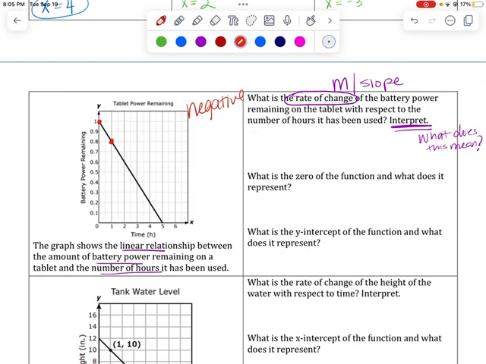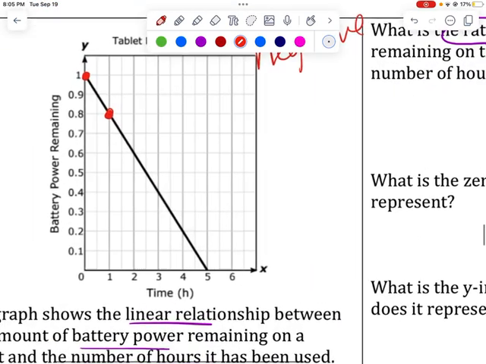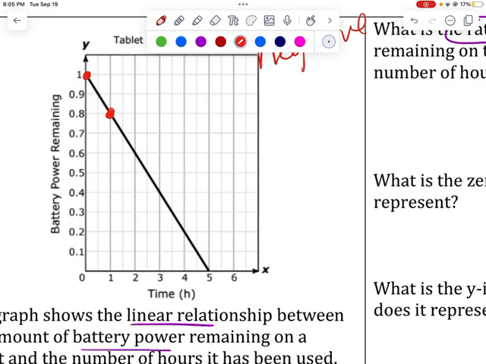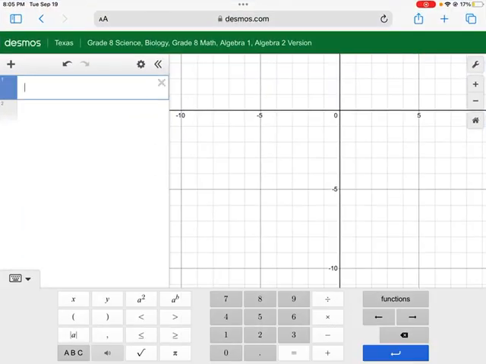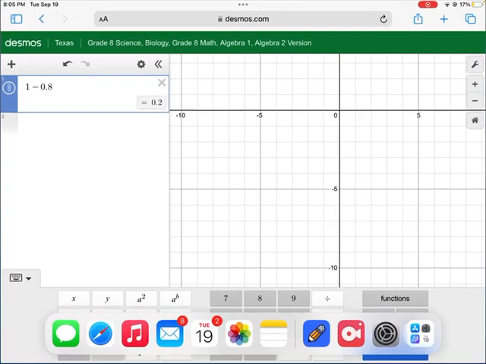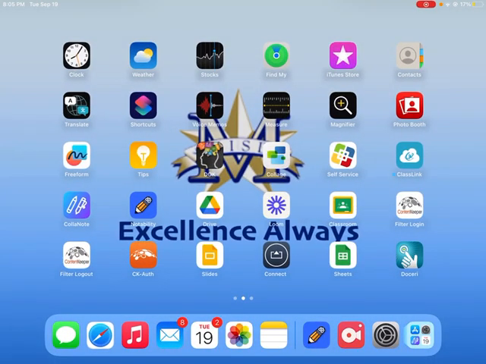Looks good. So when I am going down this time, I really went from 1 to 0.8. So 1 to 0.8, if I want to double check that on decimals, let's say I'm going 1 minus 0.8. So the difference between those two is 0.2.